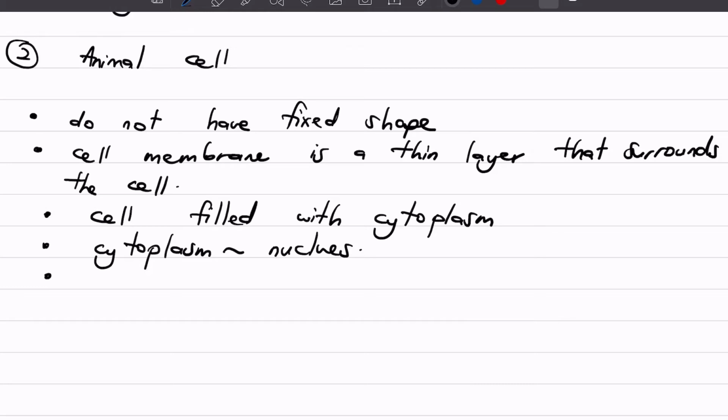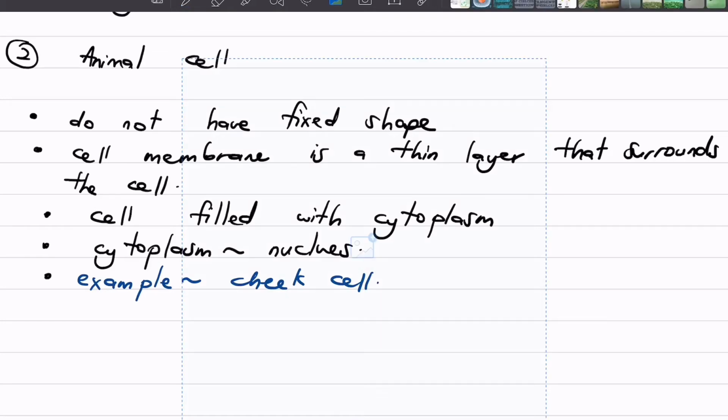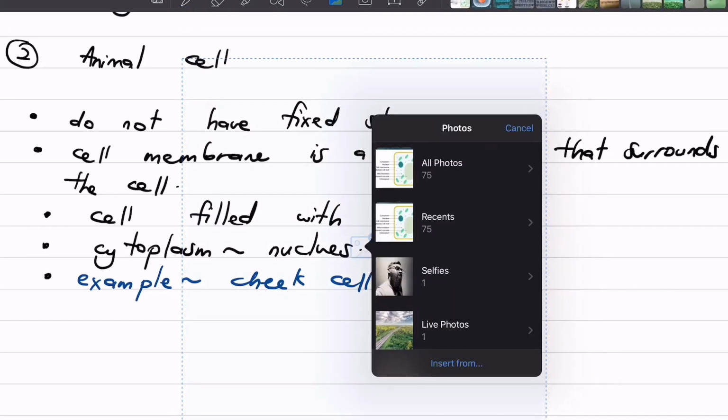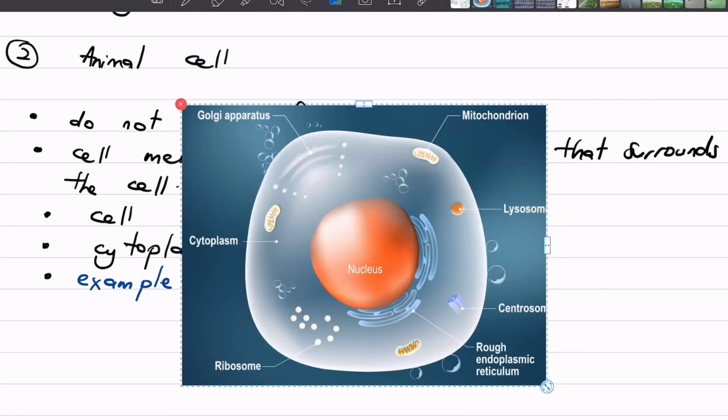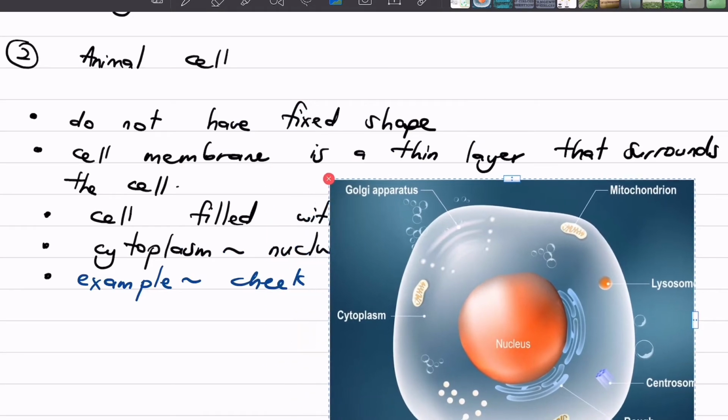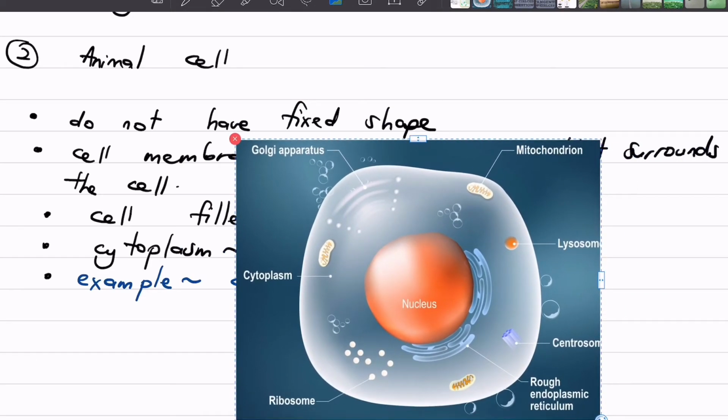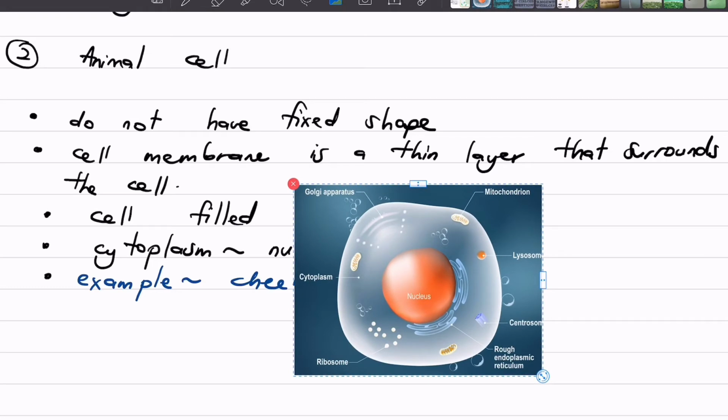So an example of an animal cell is a cheek cell. Okay, so how does an animal cell look like? Like this. This is how an animal cell looks like.